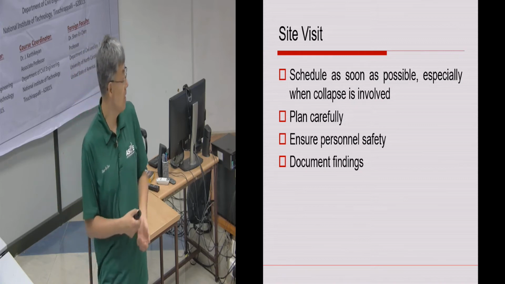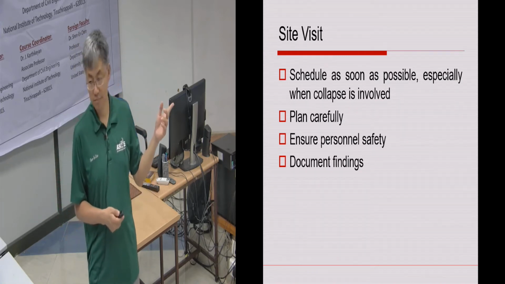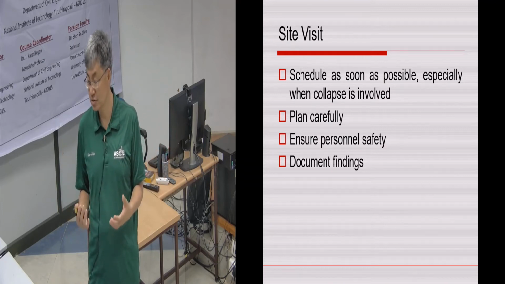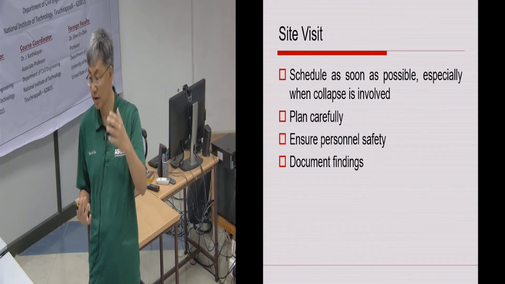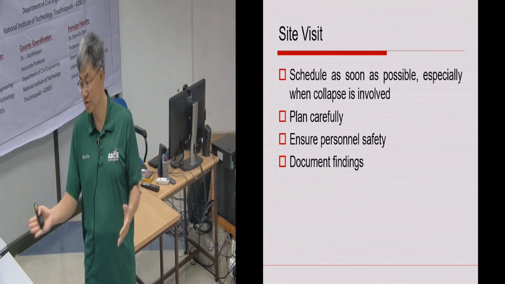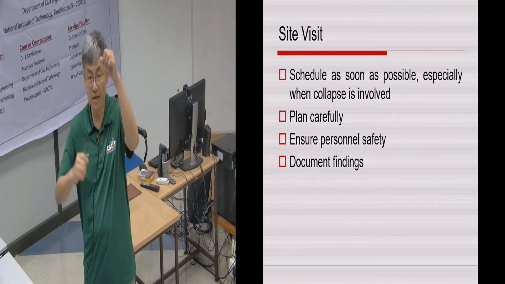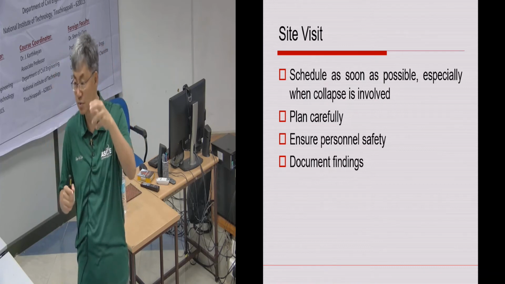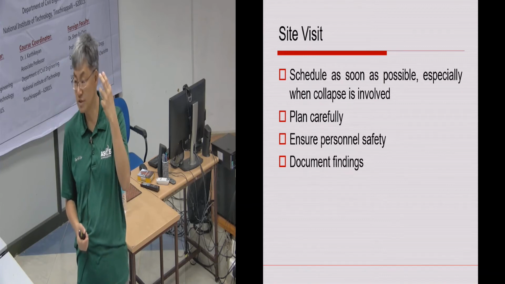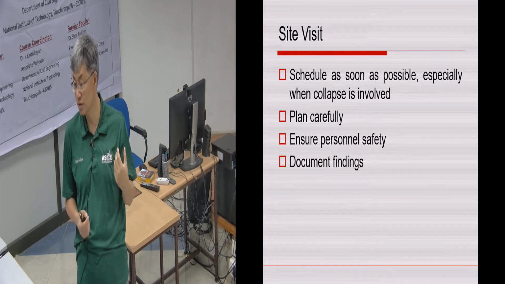Then of course you have to investigate. We are civil engineers, so safety should be the first thing on our minds. When you go to a construction failure site, make sure that you yourself are safe. You don't just climb because you want to take a certain picture and endanger yourself. Having that common sense of safety is extremely important.